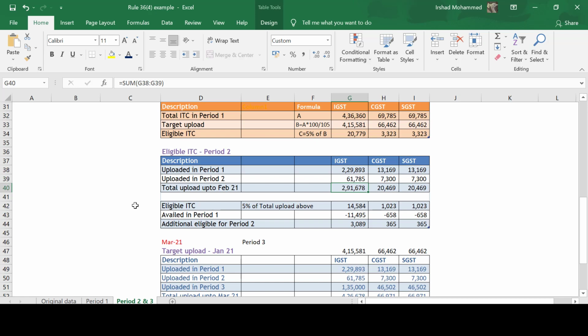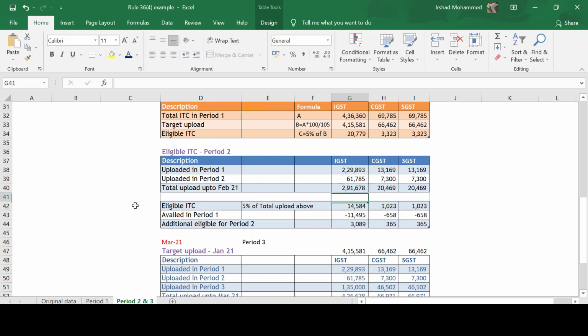So now we will compute the total eligible credit, which is 5% of total uploads till period 2, which is reflected in the second row like this.